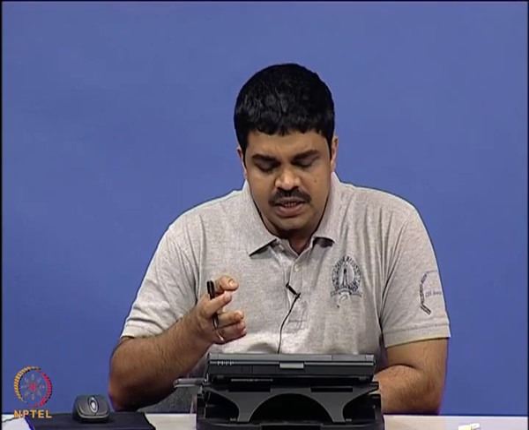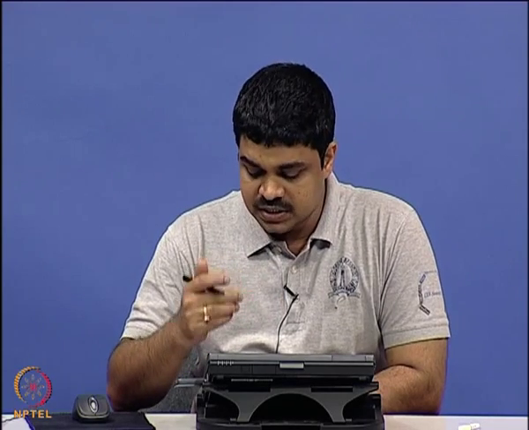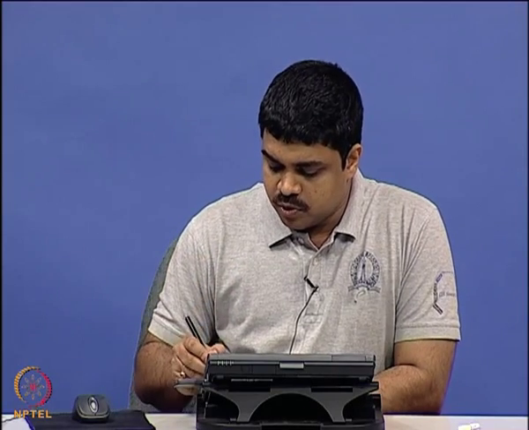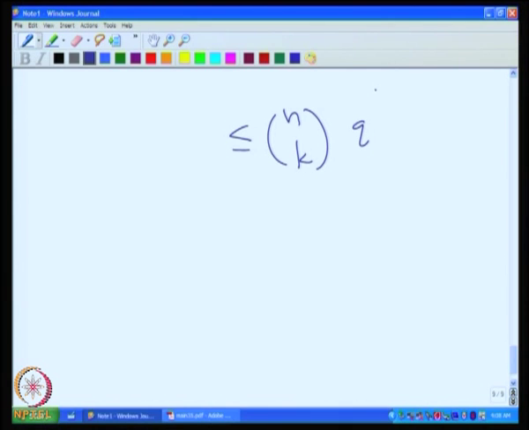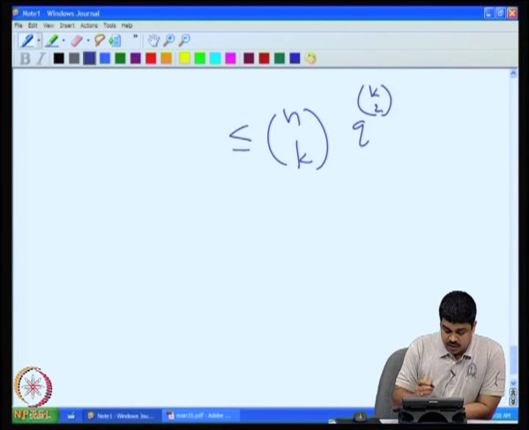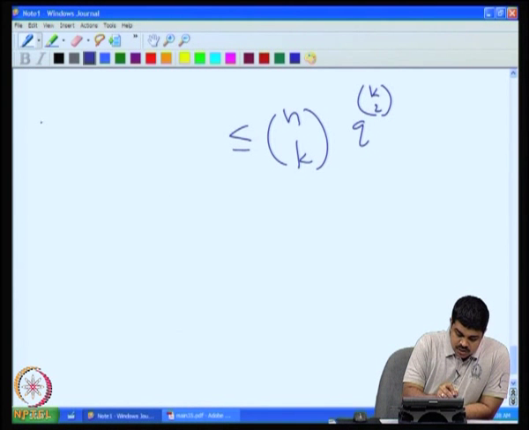The probability that we have an independent set is q raised to k choose 2. Now, the probability that there exists an independent set in any of them will be at most n choose k into q raised to k choose 2, right.